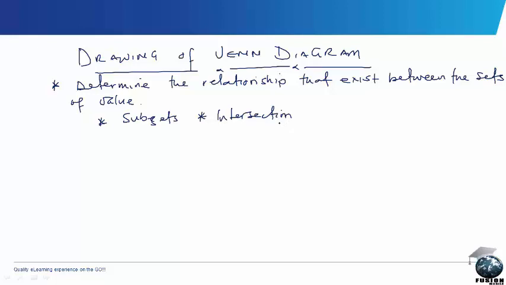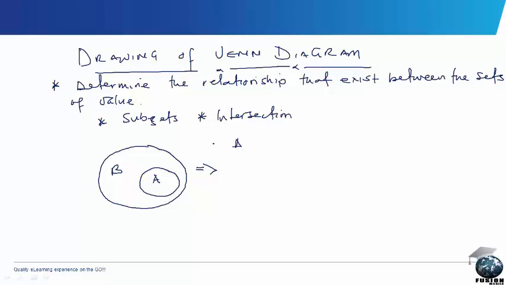For example, assuming you are given a Venn diagram of this nature, where A is drawn within B, with another circle inside, this is my set A, and this is set B. There is a possible relationship existing within this diagram, which states that set A belongs to set B.